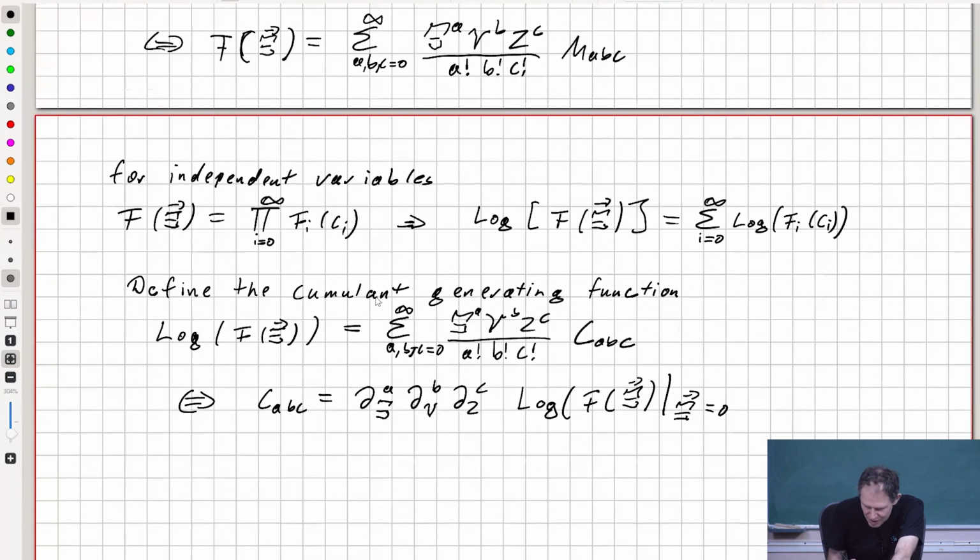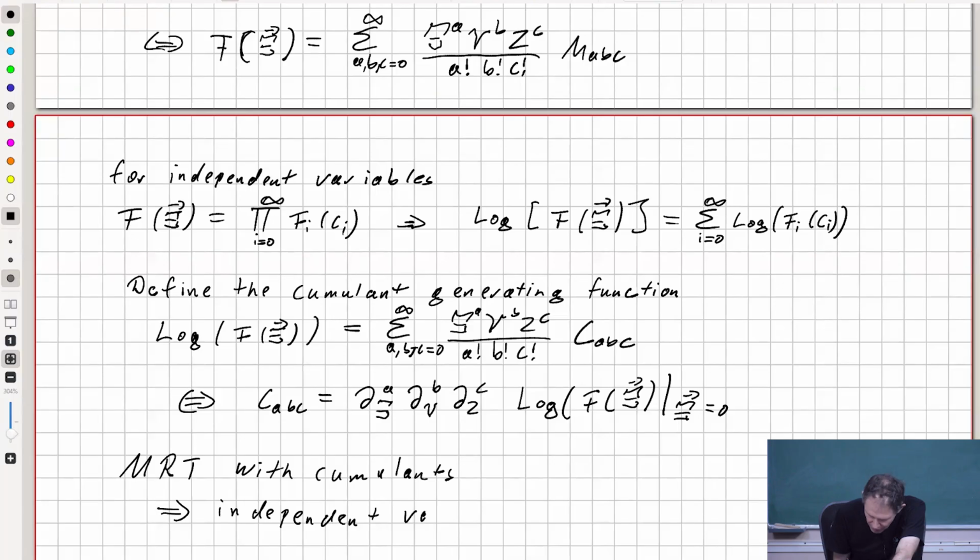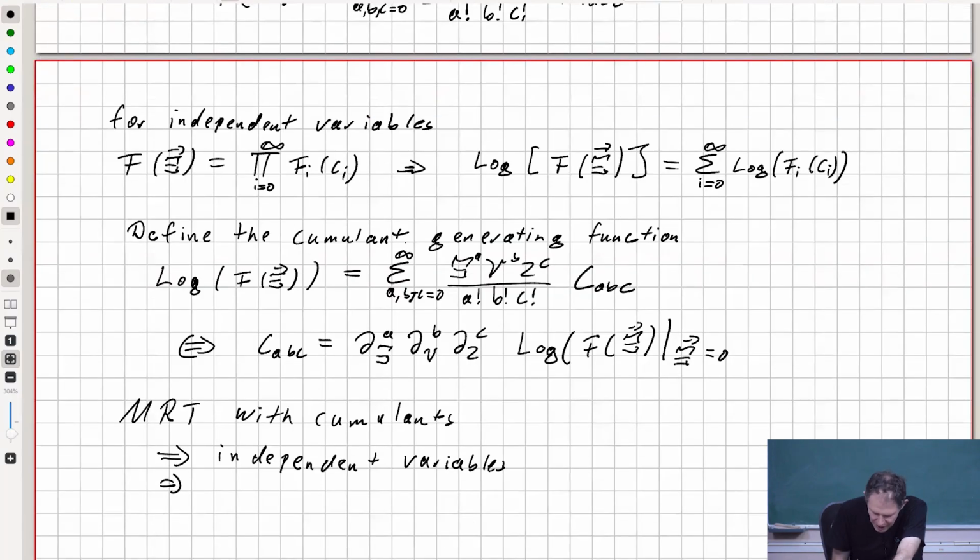Everything that we now want to do is just to use MRT with cumulants instead of with moments. What we hope to achieve by this is that we have independent variables, and we also assume that we have Galilean invariance, in as much as the discretization allows us to have Galilean invariance.